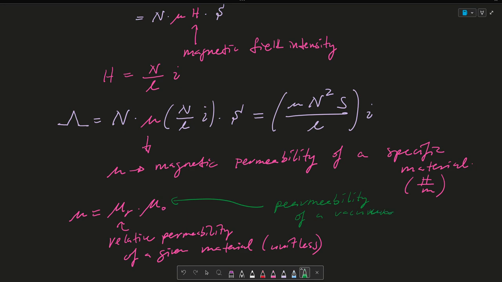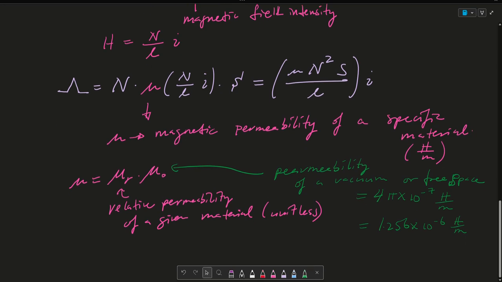And this is given to us, or let me call this our free space. You could call this our free space. And the number for this is 4 pi times 10 to the negative 7 henries over meters. Again, this is in henries, named after the scientist. This can also be written as 1.256 times 10 to the negative 6 henries over meters.